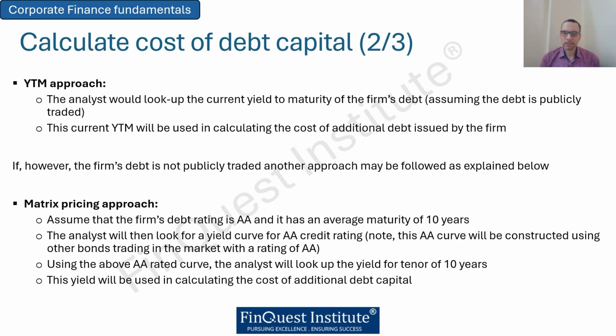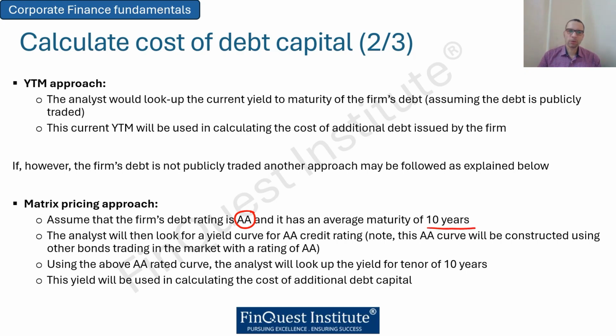In that case, another approach which could potentially be used is what we call the matrix-based pricing approach. We'll assume that the firm in question is carrying a rating of double A, and let's say the average maturity is 10 years. So two components: double A and 10 years.